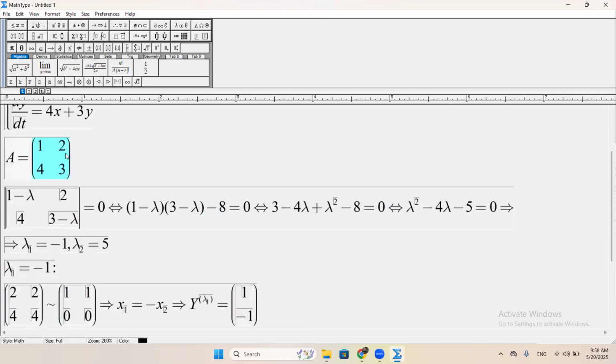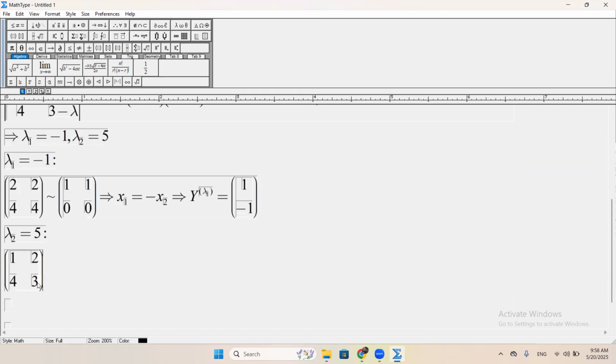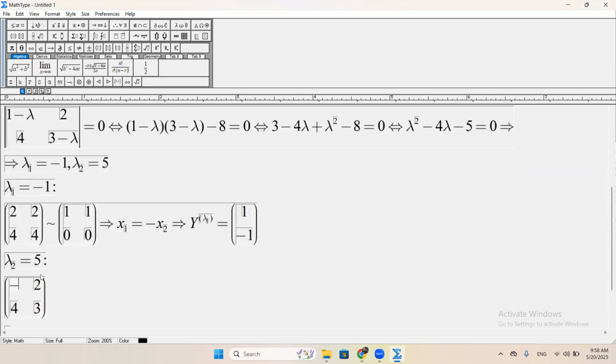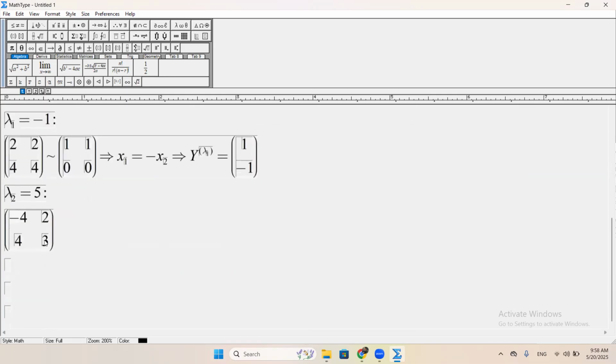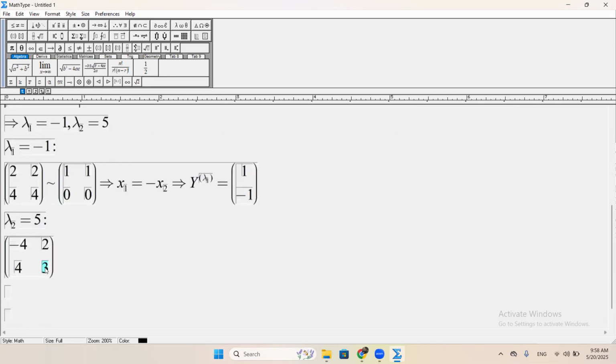And what about lambda 2? How will the matrix look like? Here will be minus 4, and here minus 2. Receiving the following matrix: here will be 0, 0, and here 2 and minus 1.